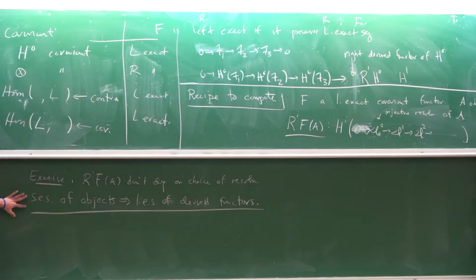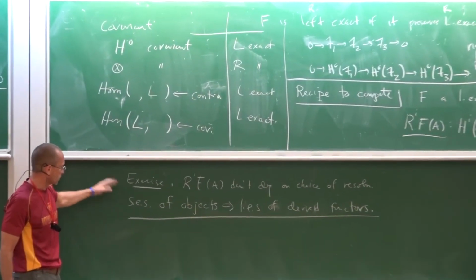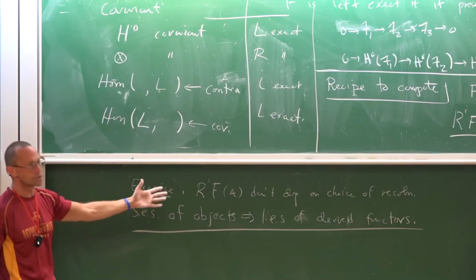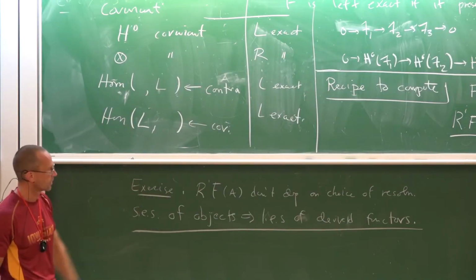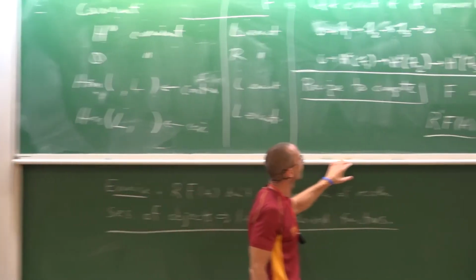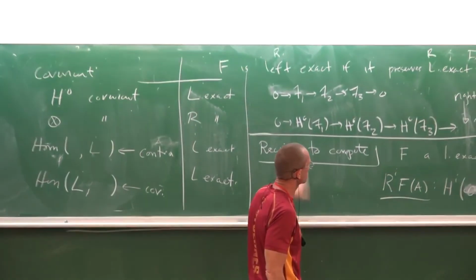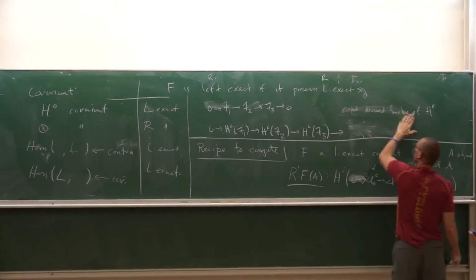Again, this is an exercise that's not so bad to do. You take a short exact sequence of objects, you take the injective resolutions of all of them, you patch the injective resolutions together, and then you show that you get a long exact sequence in the derived functors. In particular, for sheaf homology, if I had a short exact sequence of sheaves here, we can now erase our ambiguity in what's going to appear over here.